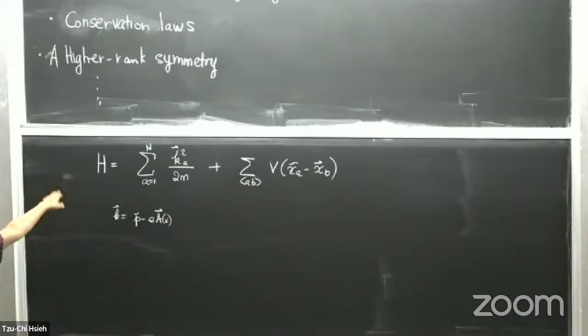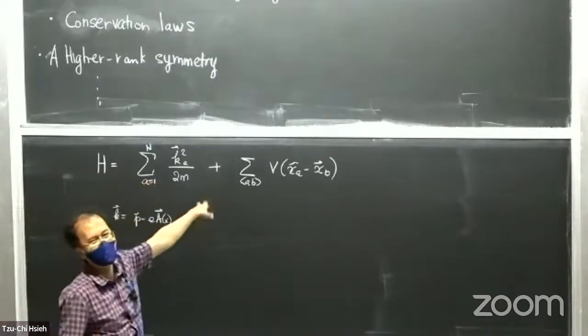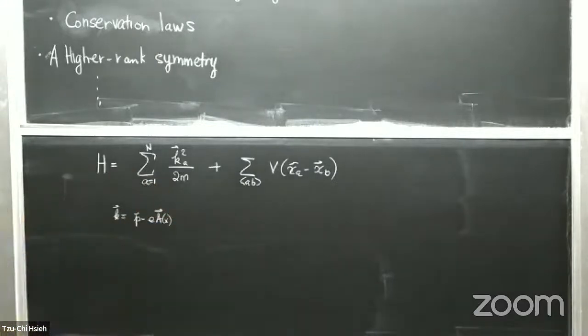Basically, this is the theory of everything, and we derive all the consequences from that theory of everything.